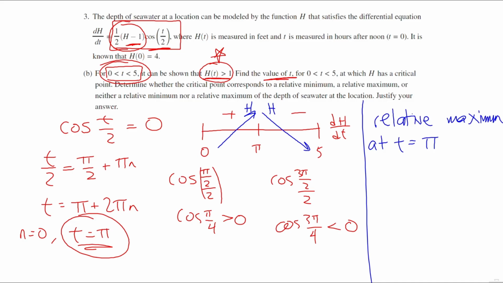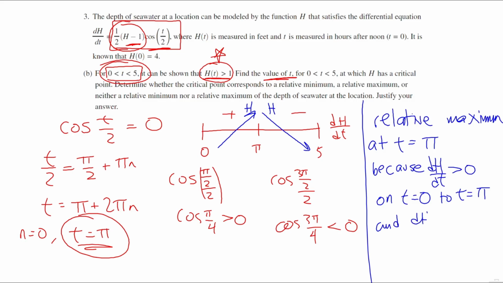We need to say there's a relative maximum at t equals pi because dH dt is greater than 0 on the interval from t equals 0 to t equals pi, and dH dt is less than 0 on t equals pi to t equals 5.